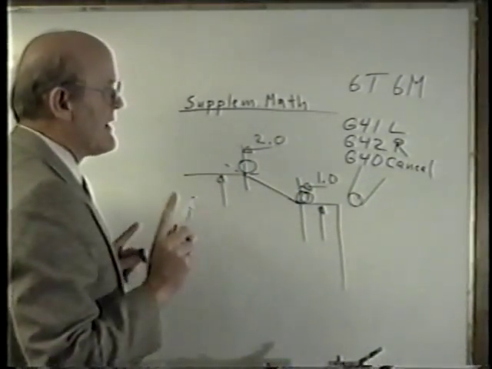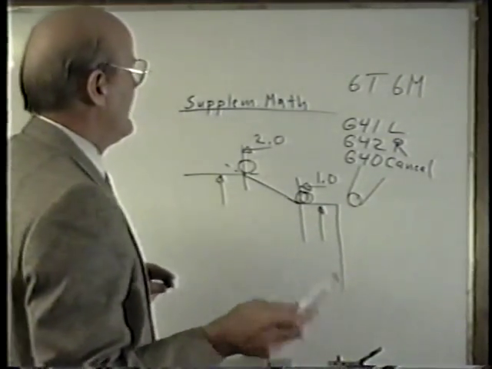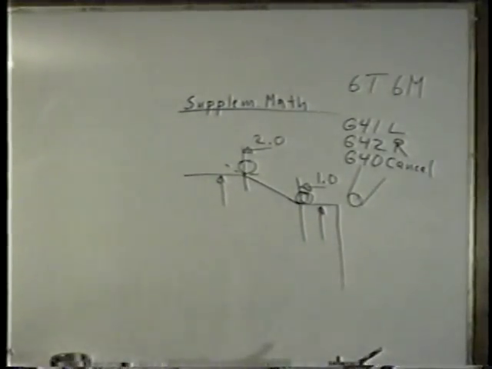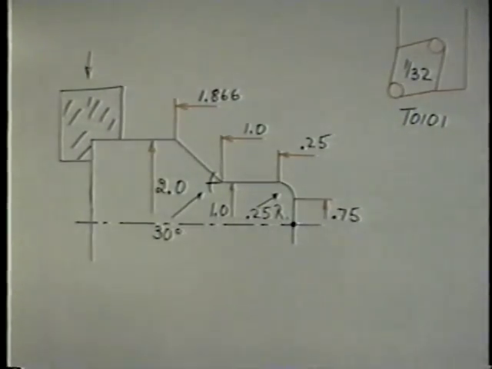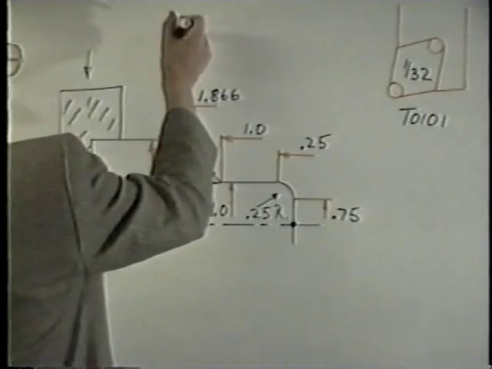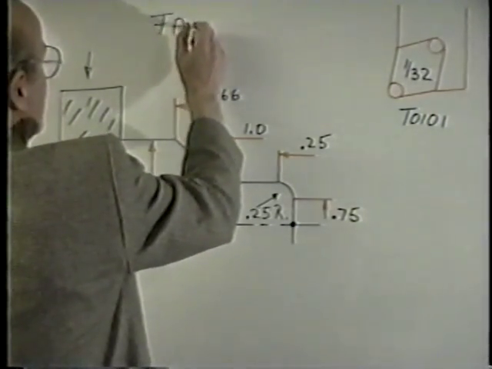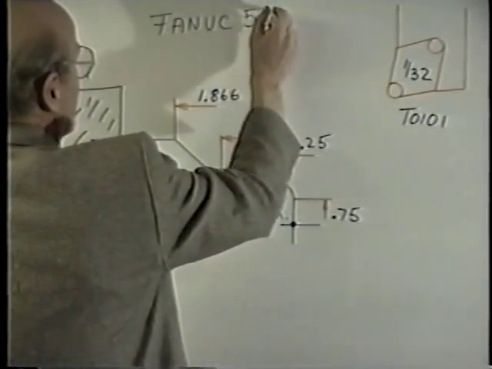And let me just give you an example of what this would look like. What it would be covered, though, is in a video that is called Supplemental Math. Now here's a lathe part that would be made on one of the older controls. And this right here, this could be the Fanuc 5T control.